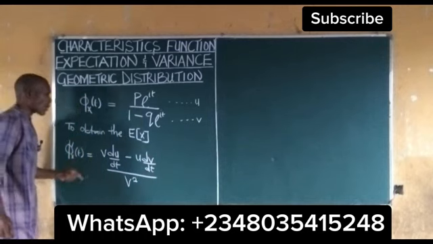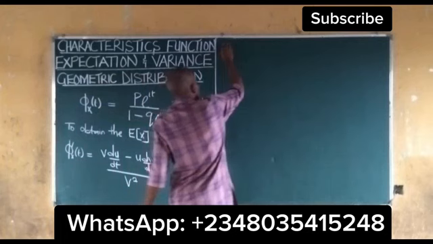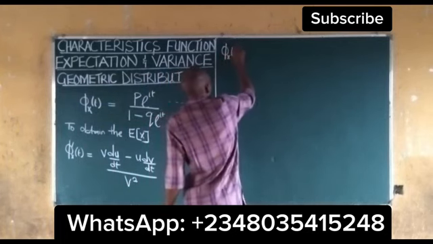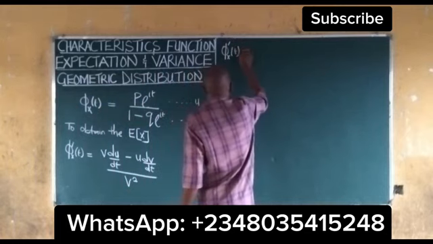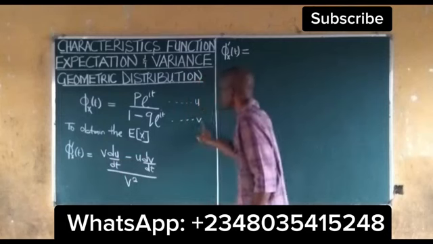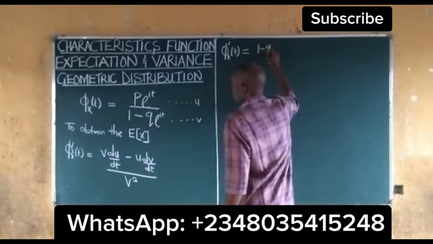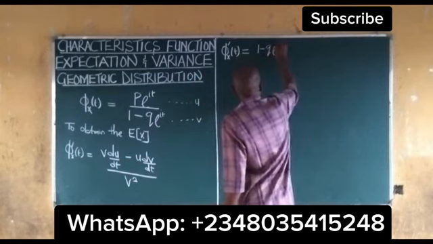So our characteristic function for the geometric distribution will give us v, which we write as 1 minus q e^(it).